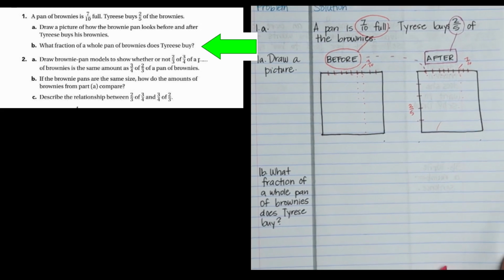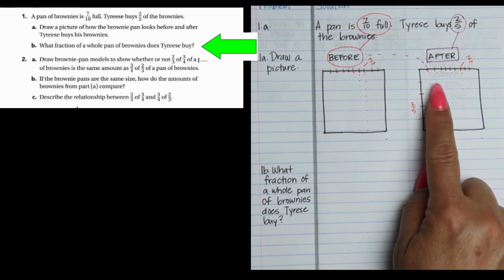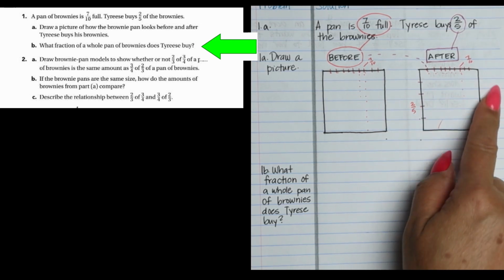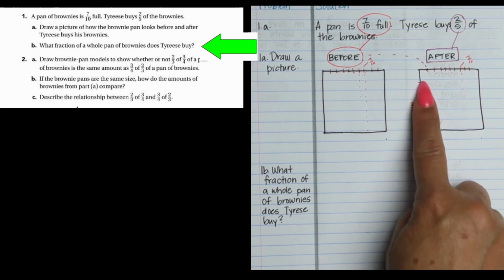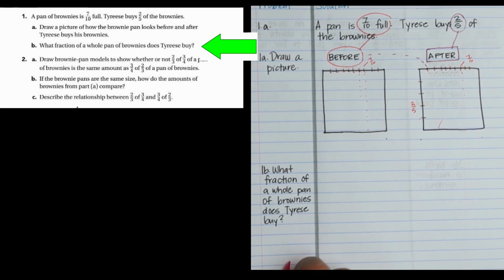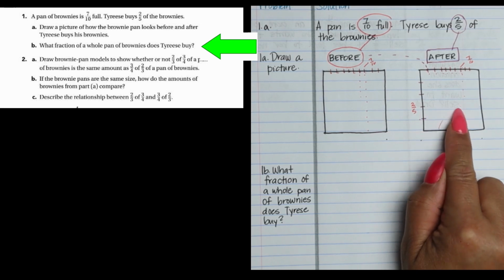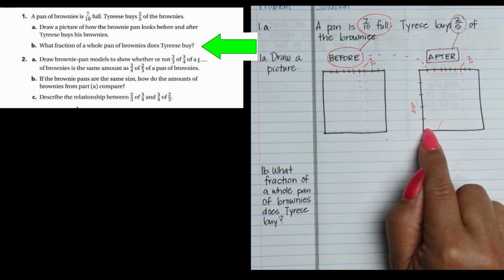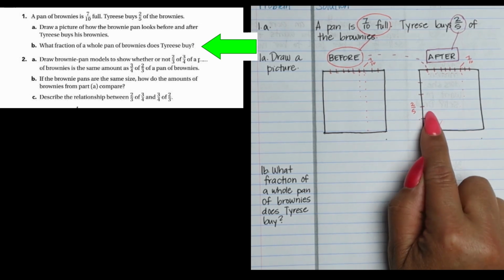So for example, if you want to find the denominator for this answer, you would count all of the equal pieces of this entire pan, from corner to corner. You would count all of them. That's your denominator. The numerator is all the pieces that are shaded in between 2/5 and 7/10, going by these intervals. That would be your numerator.